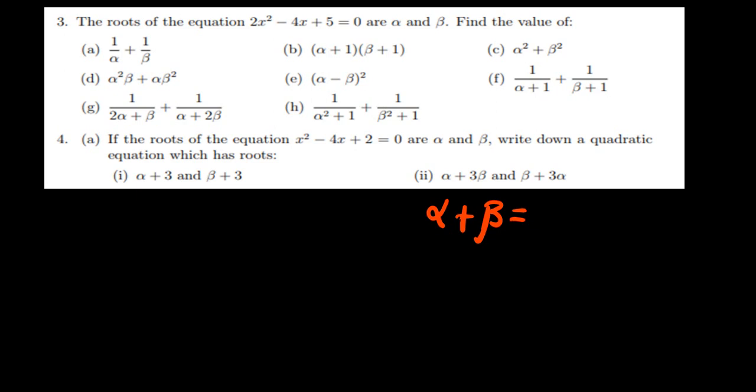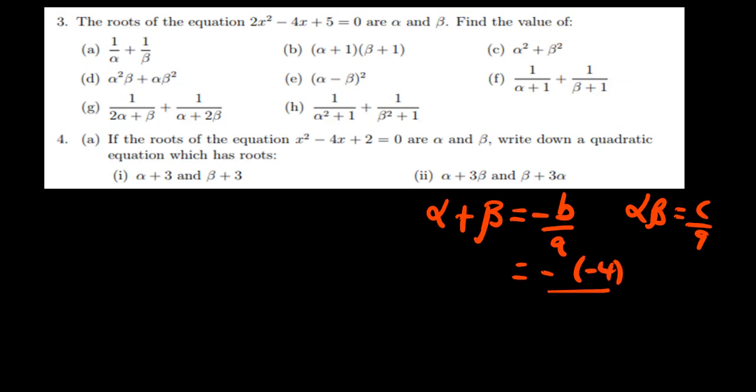So what are we going to do? We say alpha plus beta is just negative b over a. Then alpha multiplied by beta is just c over a. So let's solve this one. What is our b in that regard? Our b is negative 4, divided by our a, which is 2.